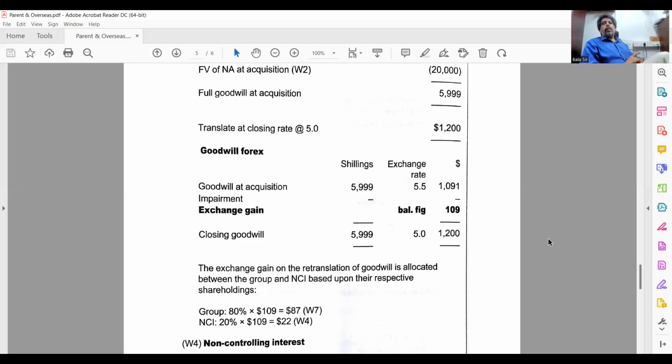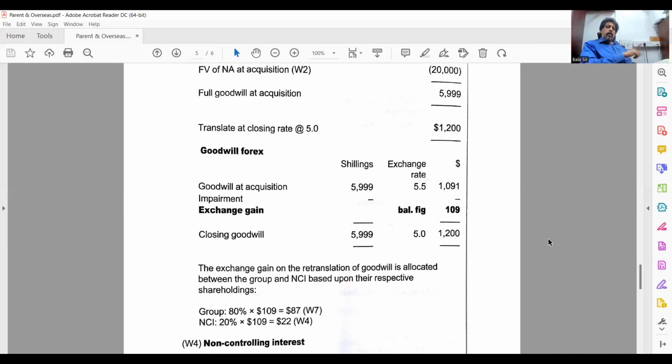The reason is that it's a full goodwill approach. That means even the NCI has been taken at fair value. Suppose the NCI wasn't at fair value. It's not full goodwill, it's the partial goodwill method, where I measure NCI at proportion of net assets, which you must have done in a lot of consolidation sums. In that case, the entire exchange gain will be added to the group and belongs to the parent, not to the NCI.